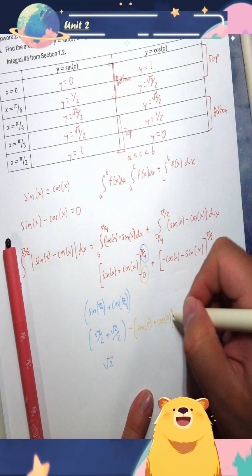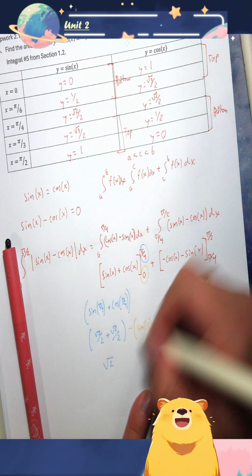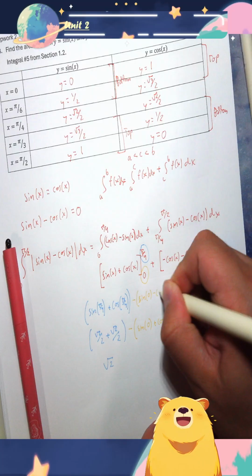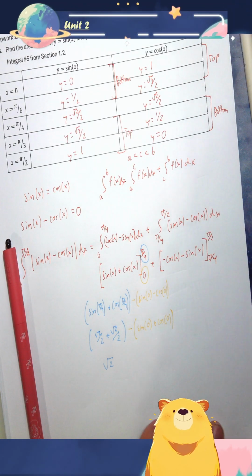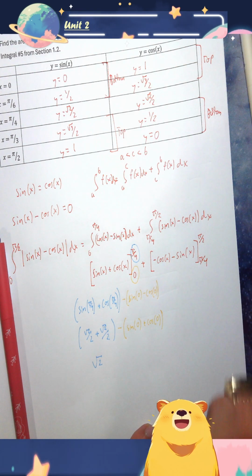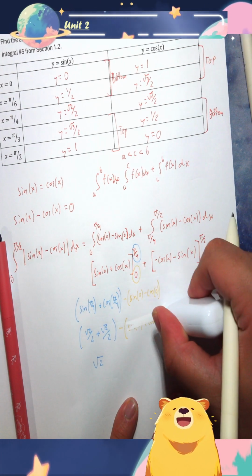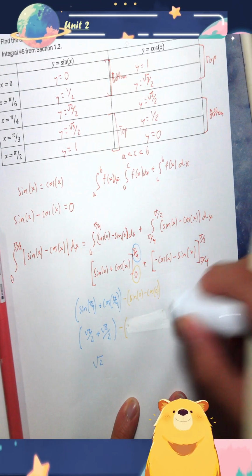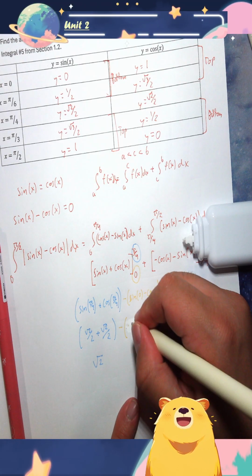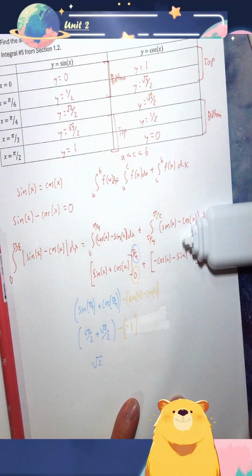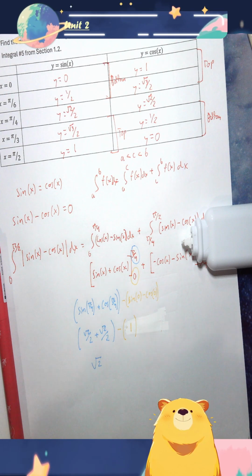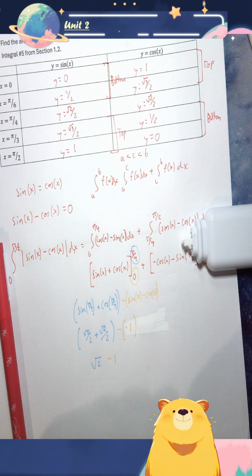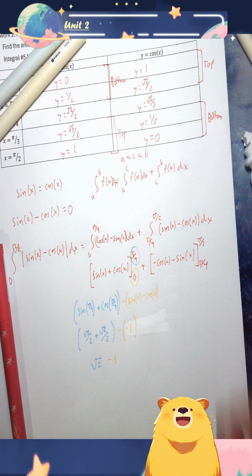I probably won't have enough room otherwise. Sine of 0 is 0, and cosine of 0 is 1. So that's going to be minus 1.